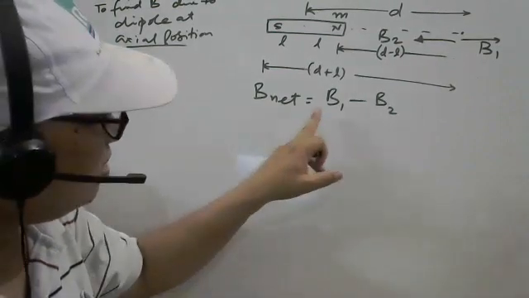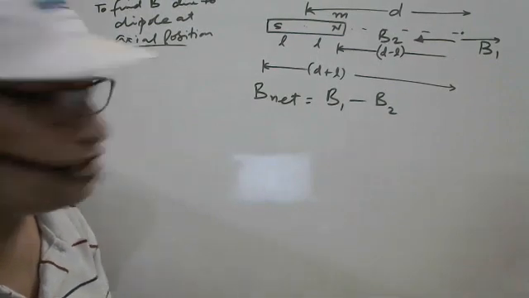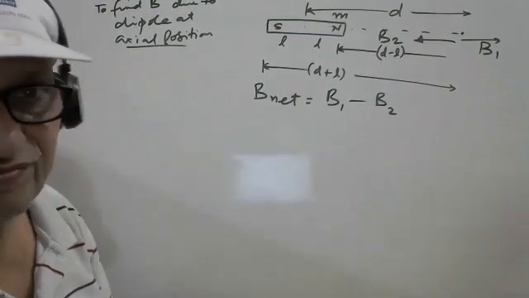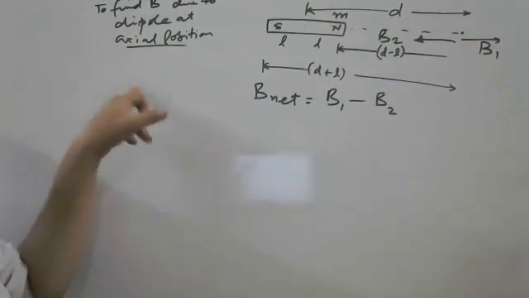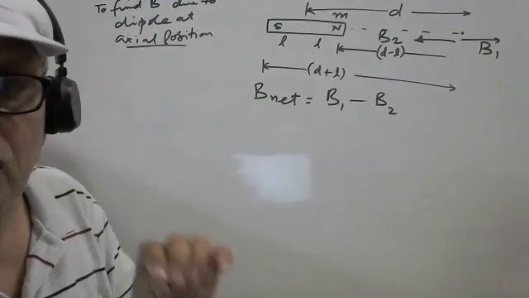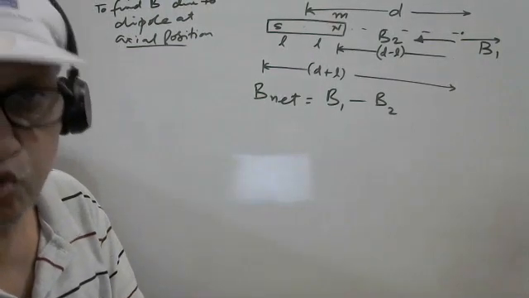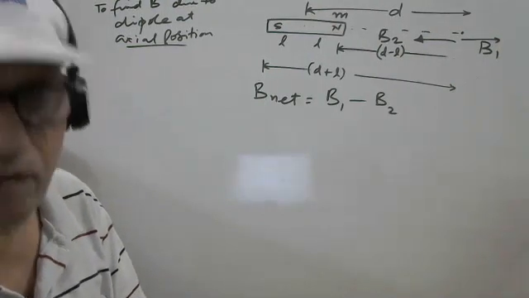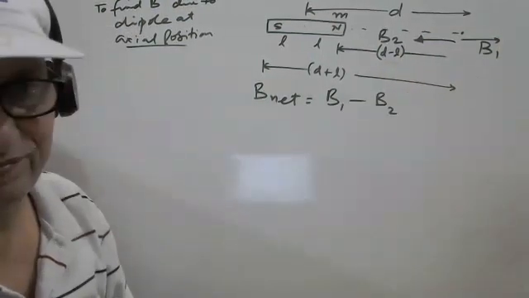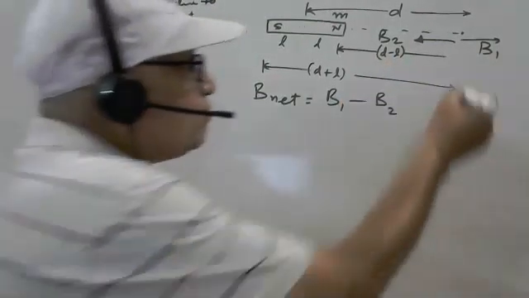What should be the value of V1? What is the formula here? First you can tell what is the formula for V1. It was written here just before, say 5 minutes before. Mu naught upon 4 pi, m upon distance r square. So the distance here is not r exactly, but d minus l.